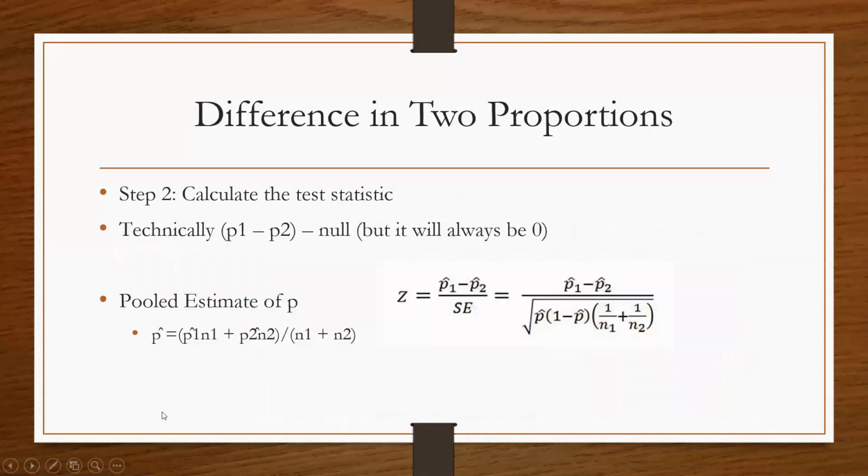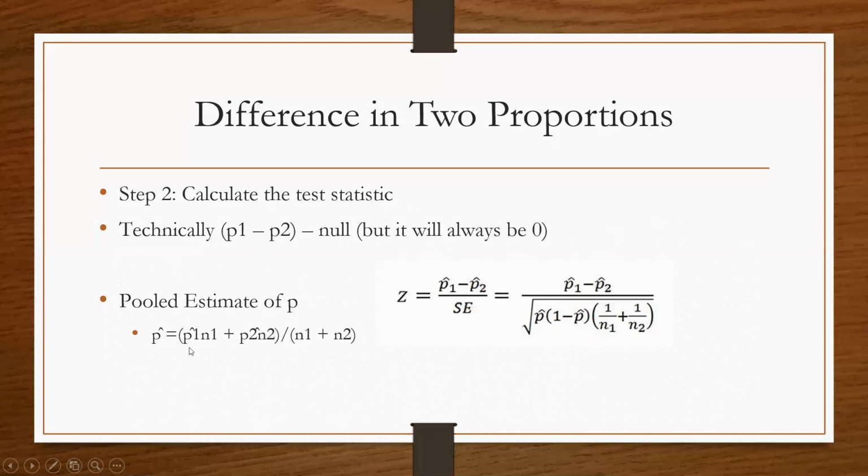So when calculating the test statistic, you use this equation right here. It's p hat 1 minus p hat 2 over the standard error. Here's the written out standard error. And the p hat that you're putting in there is called the pooled estimate of p.